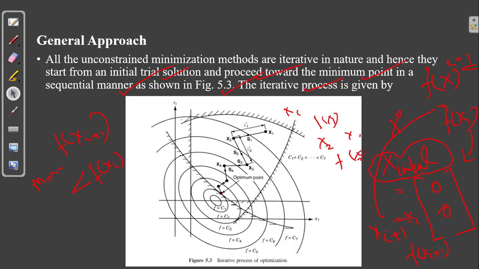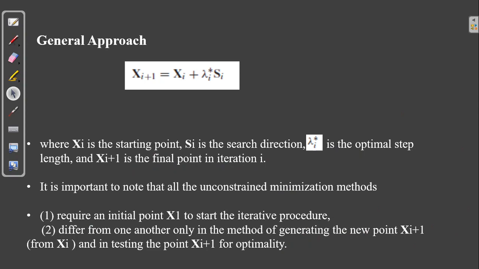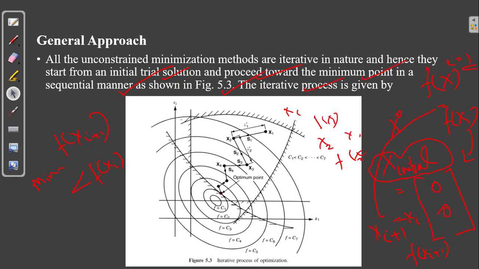The general approach is that, while finding xi plus 1, we will have some initial trial solution xi.